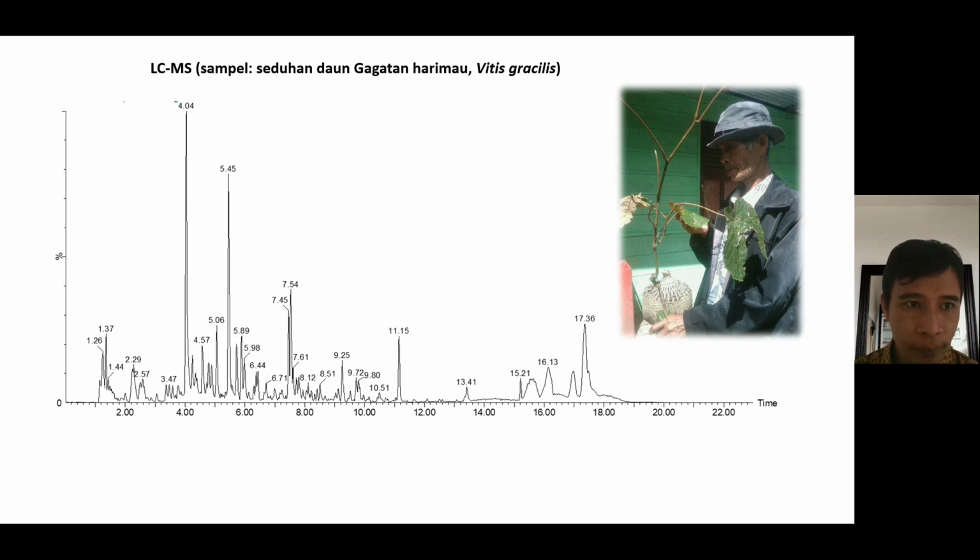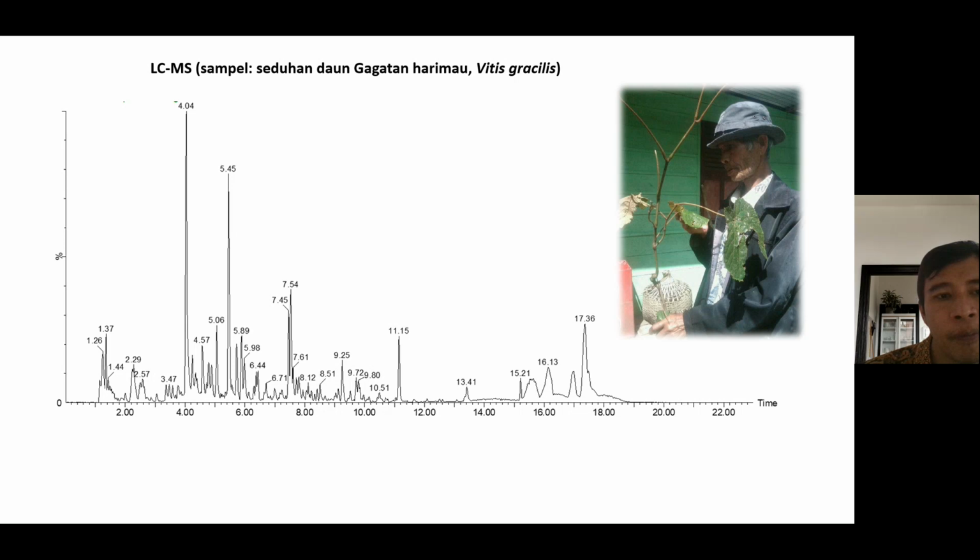When we deploy liquid chromatography mass spectroscopy, we obtain this data showing various kinds of metabolites detected in this decoction of the leaves. Here the y-axis shows the concentration, so it's related to the concentrations, and the x-axis shows the retention times.